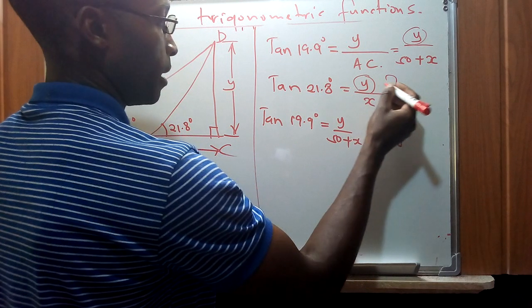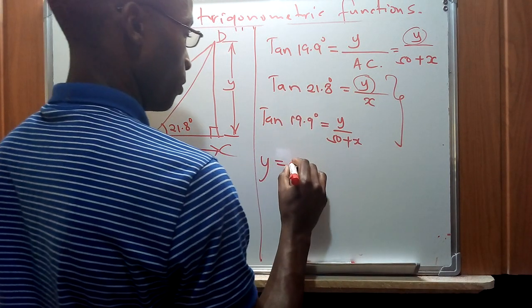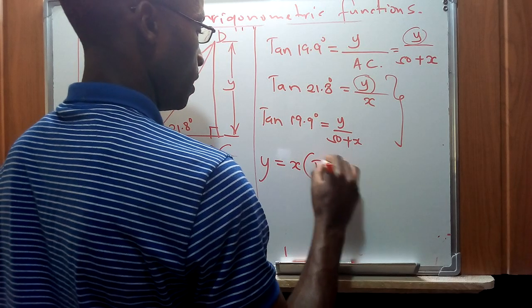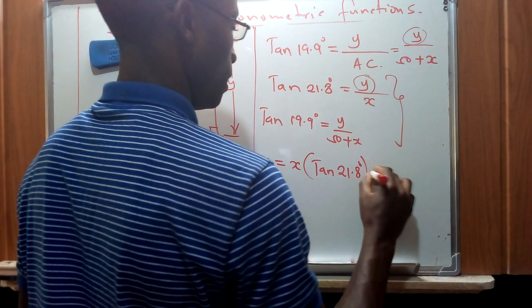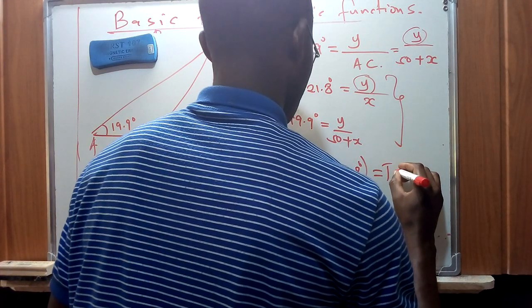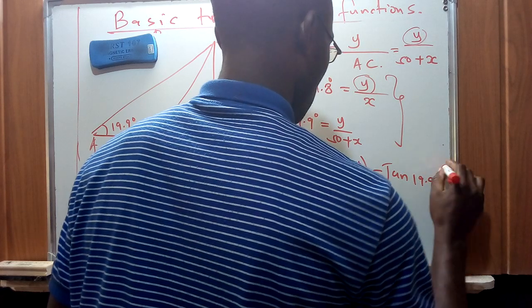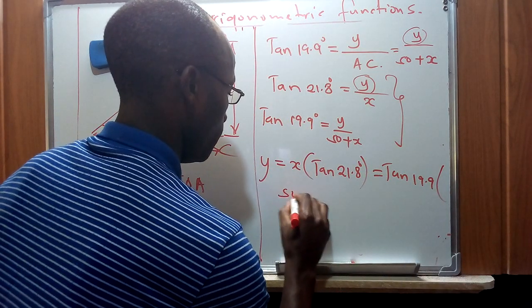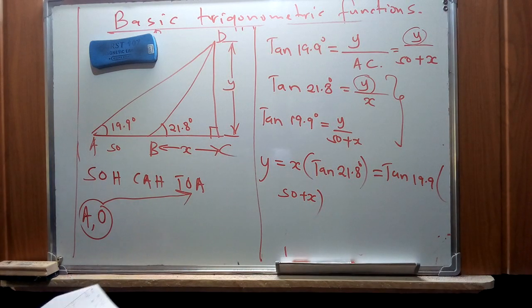Therefore, we can just make y the subject of the formula. For the first expression, we're going to have x into the tan of 21.8 degrees equals the tan of 19.9 into 50 plus x. So this is a relationship that is going to exist between the two.